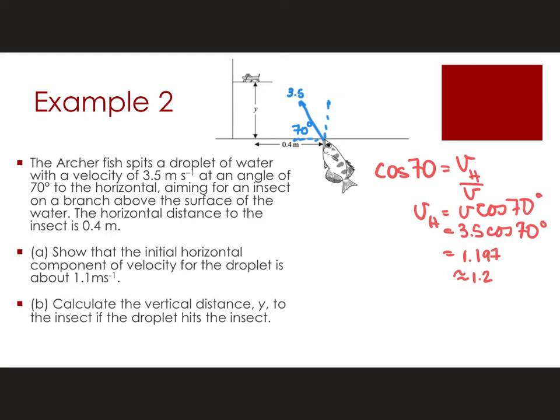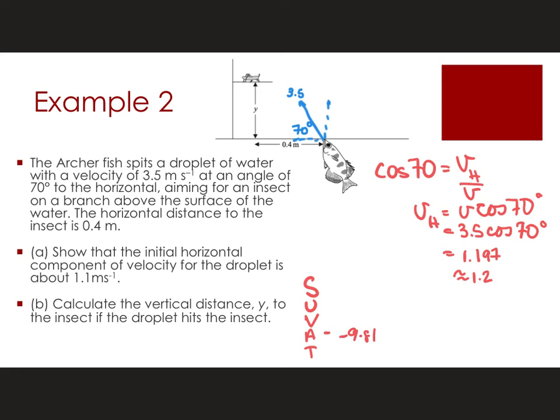So now on to part B, we're going to calculate the vertical distance y to the insect. In the vertical direction, we know we need to use suvat. So let me just start by writing suvat here, and we can put in some values that we know. The acceleration is going to be negative 9.81 meters per second squared.